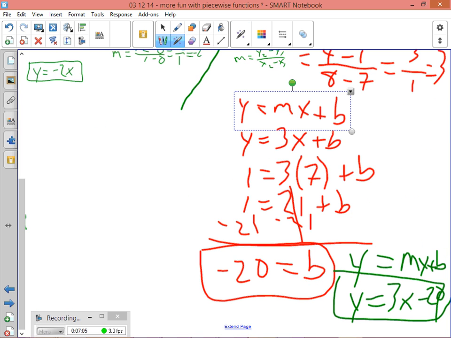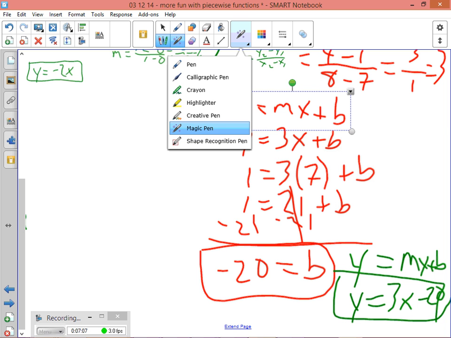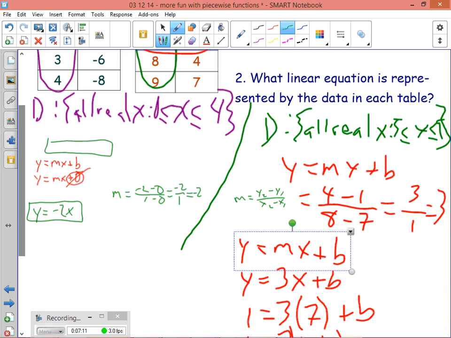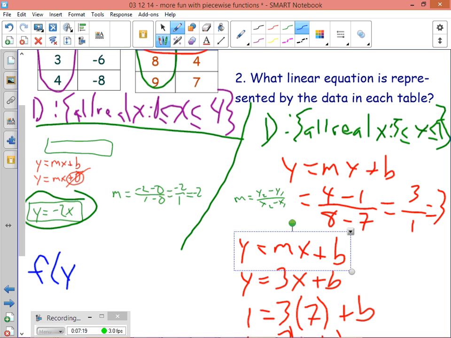To do this, I'm going to take part 1, and I'm going to say, great, I know my domain, I know my equation, and so I'm going to just put it together. F of x, or y, f of x is equal to negative 2x for my domain, for x is in, let me just get a little bit more room.